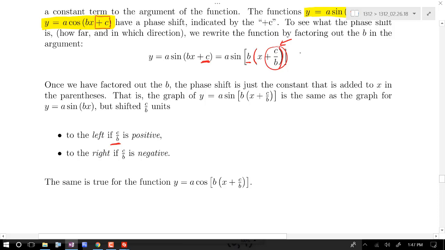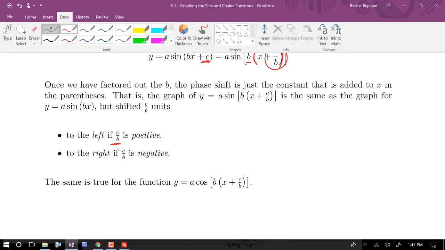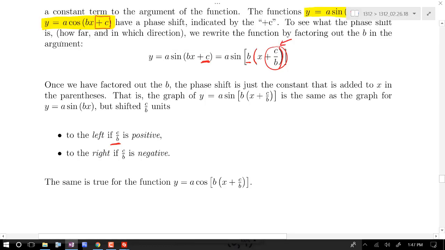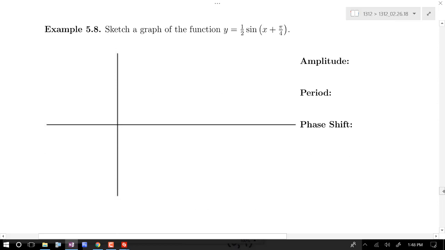So as long as we start by factoring out the coefficient on x inside the function, then at that point we can just pluck out what the phase shift is. The one thing we have to remember is that if it's a plus, it actually gets shifted in the negative direction, which feels backwards, and if we're subtracting, it gets shifted in the positive direction, which also feels a little backwards. But let's try one.